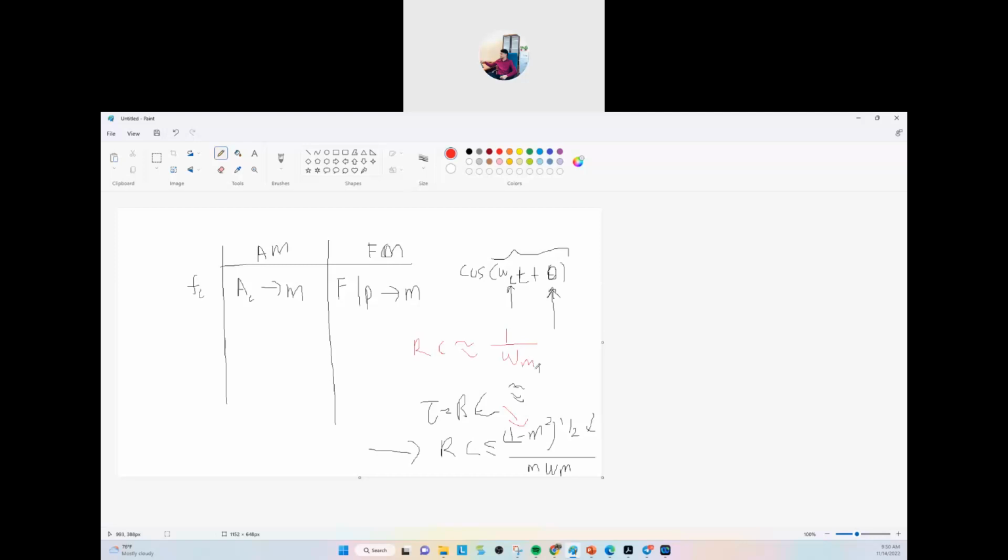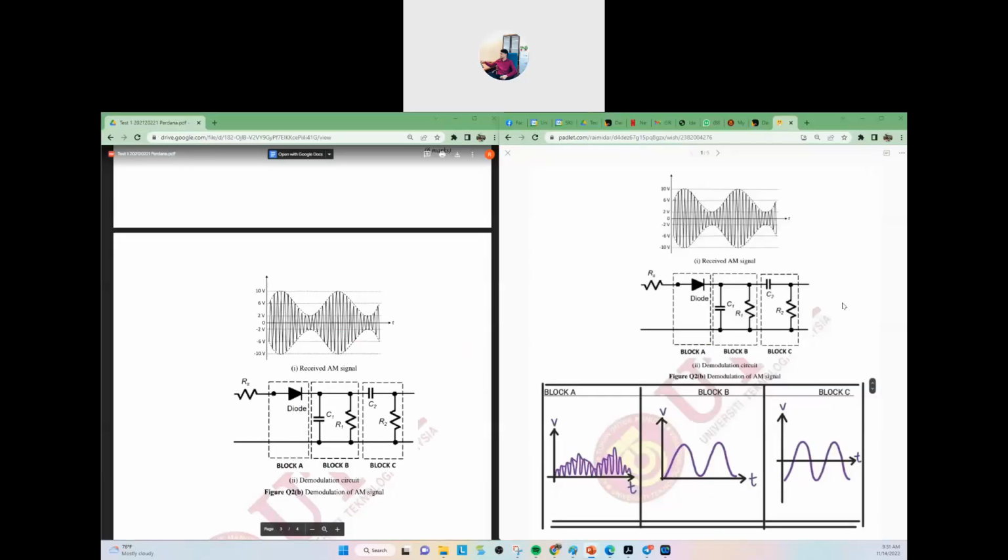That's why we need to be prepared, because questions can be anything. Final is even more tricky. So this is 1 over omega m, the approximation if you are unable to remember, equals to tau, the time constant.